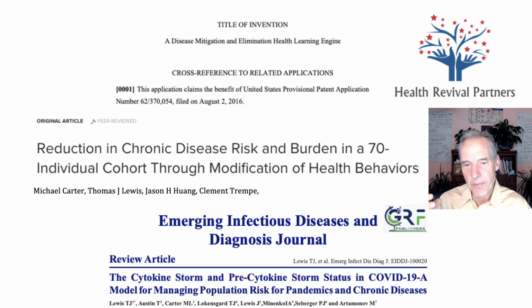The next is our paper where we published on 70 individuals and showed not only as we lowered life risks, we lowered physiological risk, but we also improved many pre-existing chronic conditions and diseases.